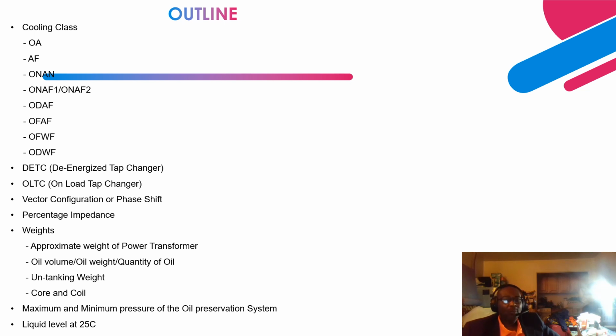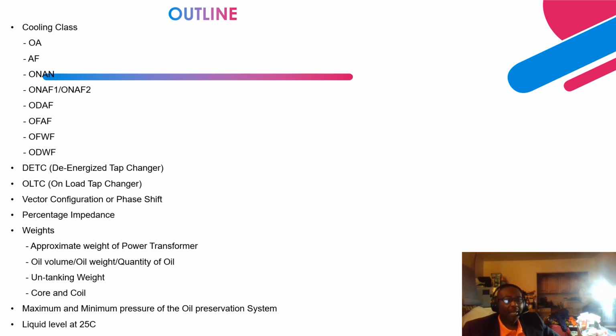The natural air that is flowing over the surface of the radiator is the one that removes the heat from the oil. So the oil that gets to the bottom of the radiator, ready to get inside the transformer to repeat the cycle, is cooler than the oil at the top of the radiator.